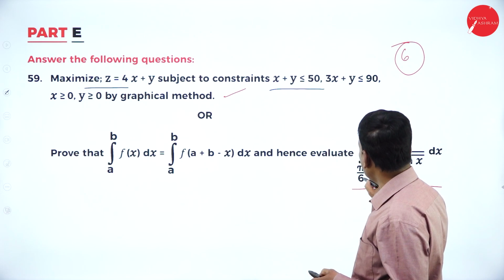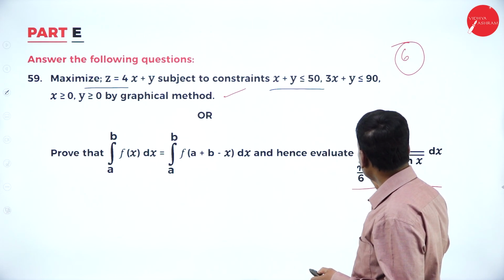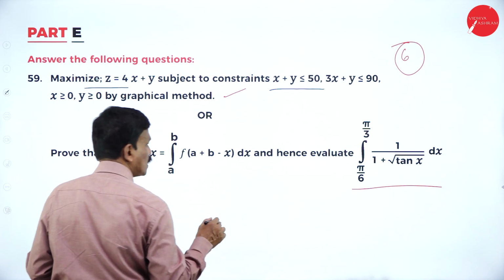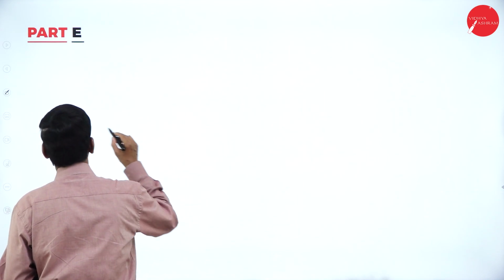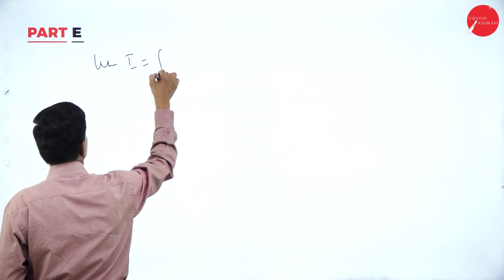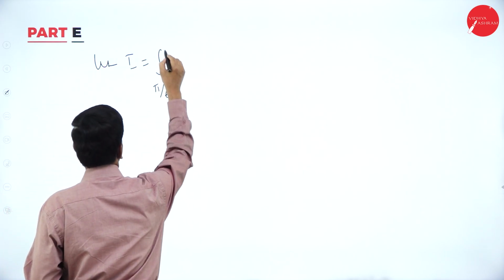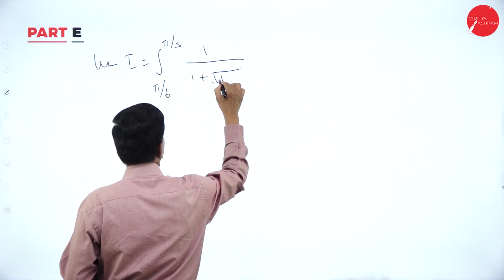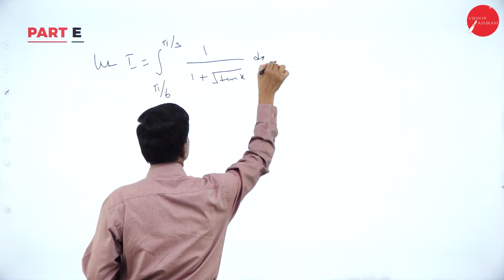And also evaluate the integral from pi by 6 to pi by 3 of 1 by 1 plus root of tan x. Now, let us consider this. Let I is equal to integral pi by 6 to pi by 3 of 1 by 1 plus root of tan x dx.